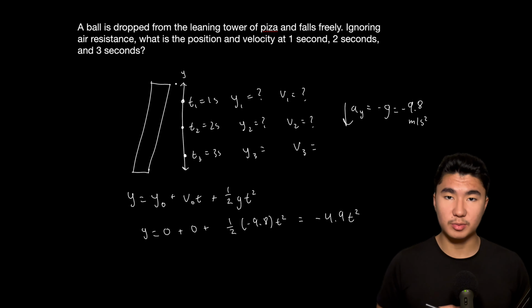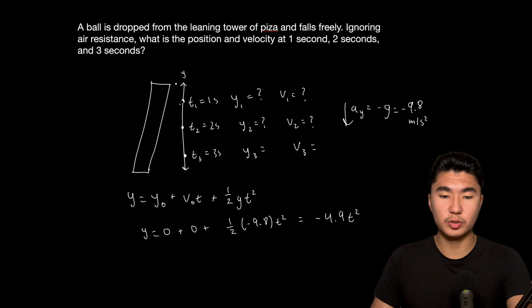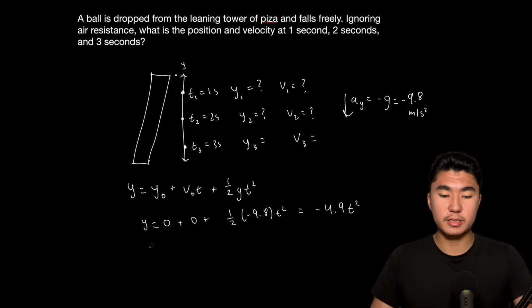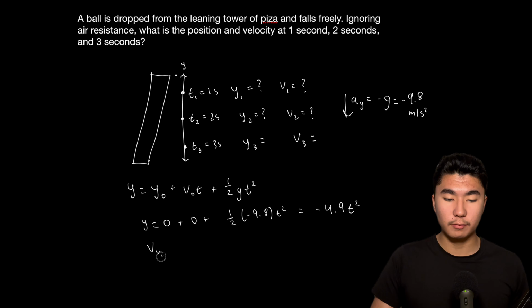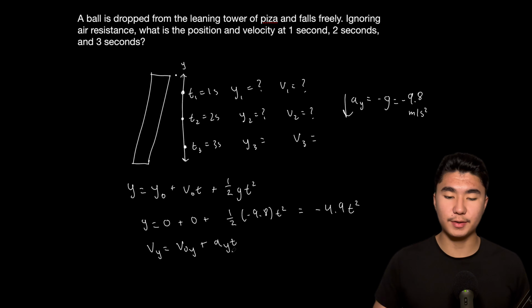Now we could do the same exact thing for our other equation in order to find our velocity. This is the equation we're going to be using to find our position, and the equation we'll be using to find our velocity will be V_y equals initial velocity plus acceleration in the y-axis times time, or just gravity. You could also put g times t as your variables.